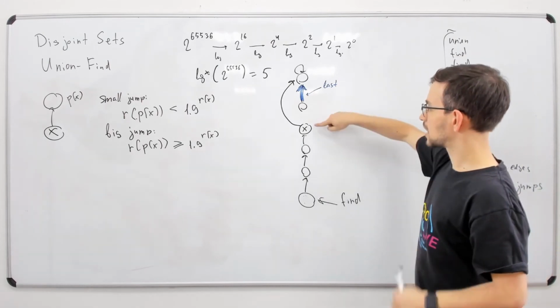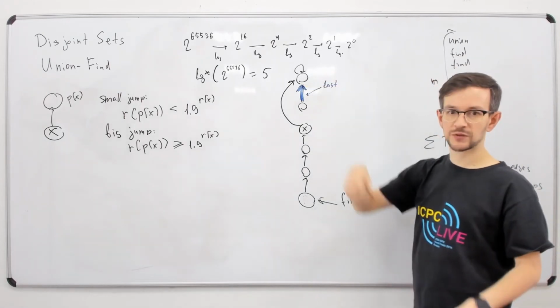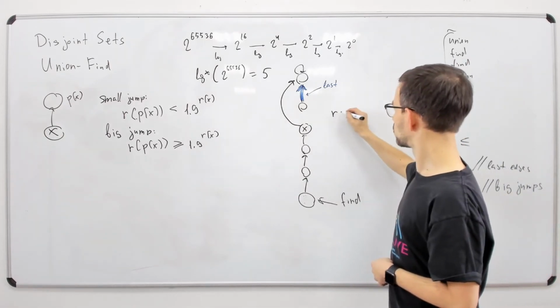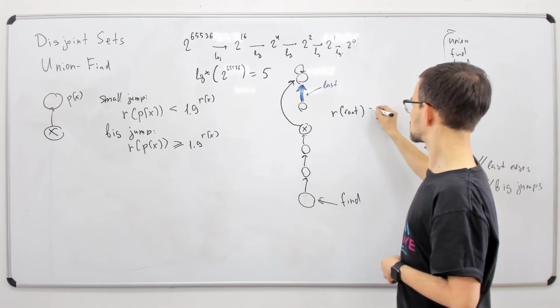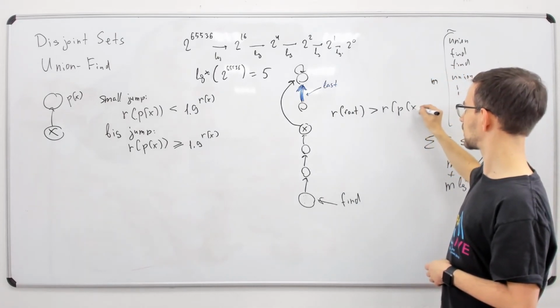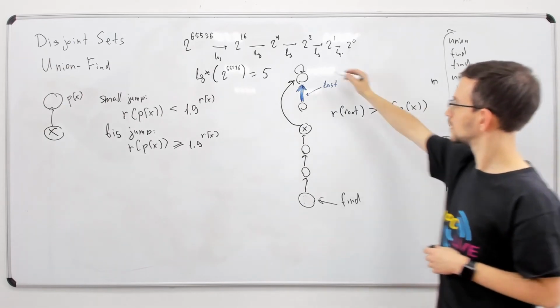It means that the pointer is moved to some element with bigger rank. So the rank of the root is strictly bigger than the rank of the parent of element x. This is the root.